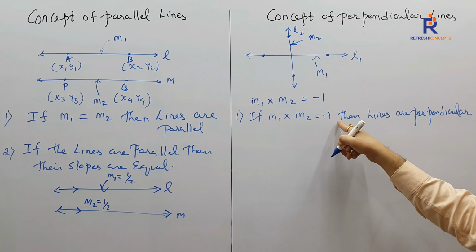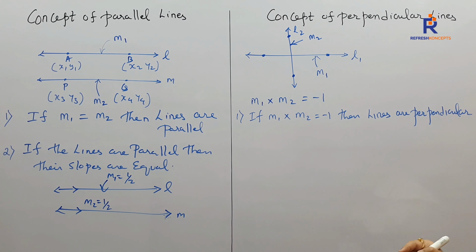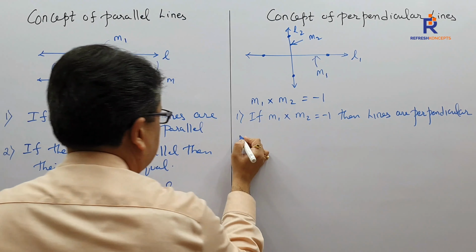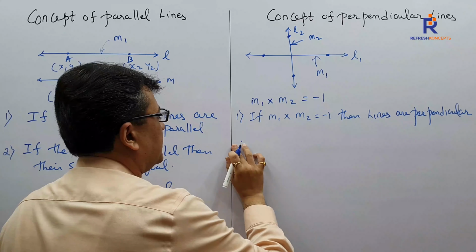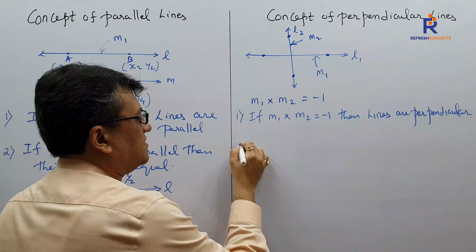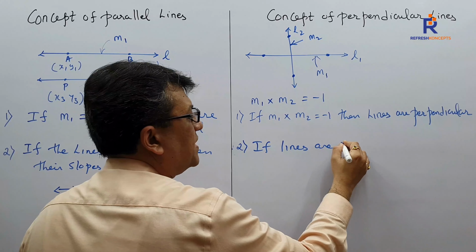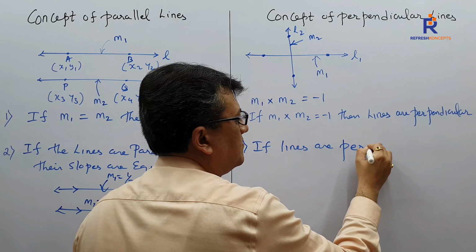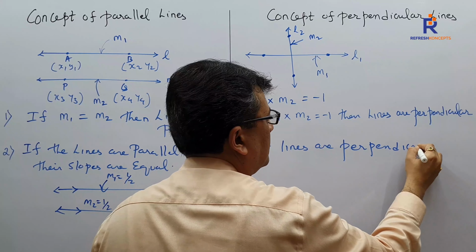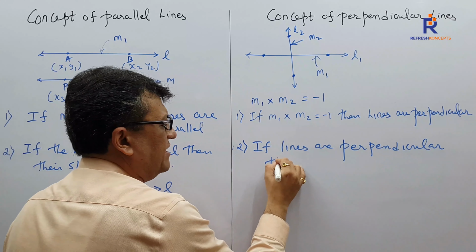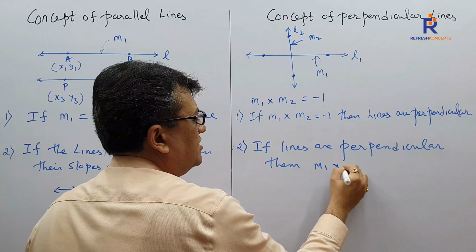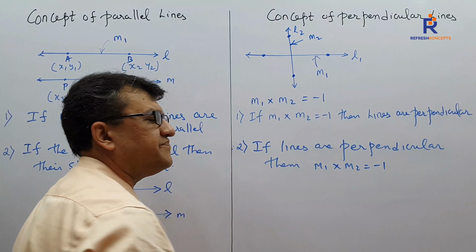If M1 into M2 is -1, then the lines are perpendicular. Converse statement: if the lines are perpendicular, then I can directly say M1 into M2 is -1.